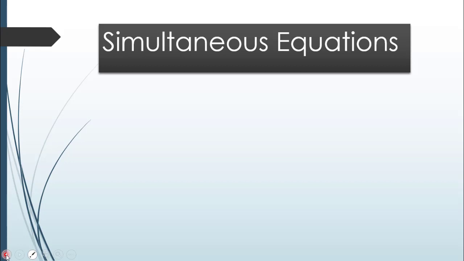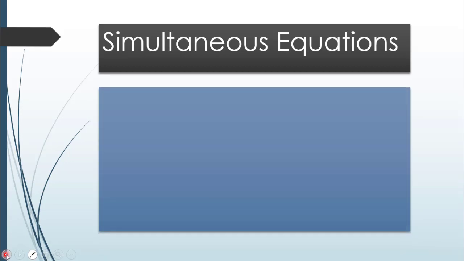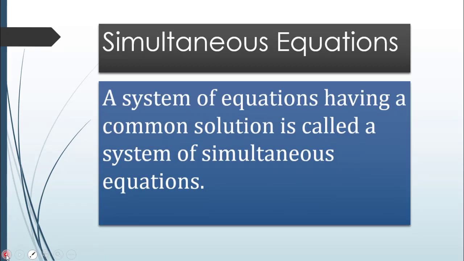We have already discussed simultaneous linear equations in our previous classes. We have discussed many methods to solve simultaneous linear equations. Now we can define simultaneous equations as a system of equations having a common solution is called the system of simultaneous equations.